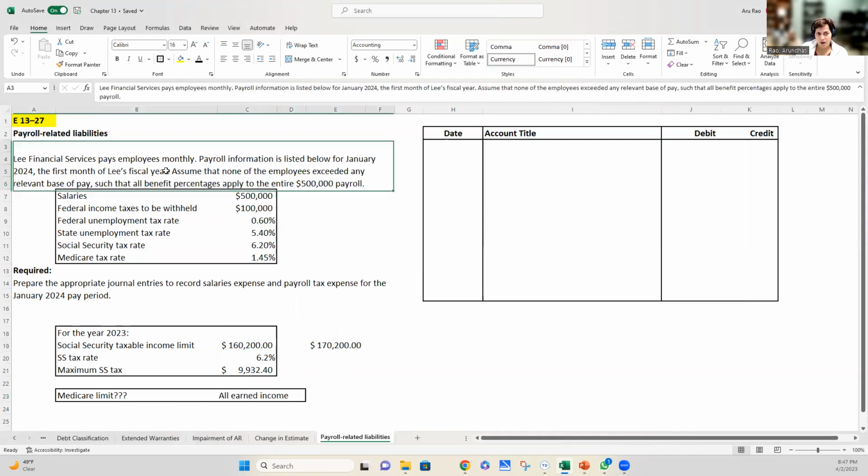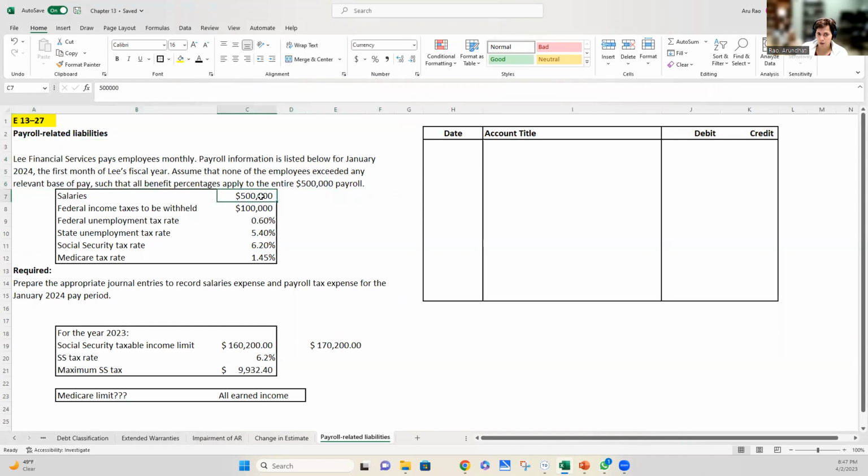Now let's take a look at our exercise over here. Here we have Lee Financial Services that pays employees on a monthly basis. Payroll information is listed below for the month of January, the first month in our fiscal year. They're telling us to assume that none of my employees have exceeded any of the relevant base pay, such that all benefits percentages apply to the entire $500,000 payroll.